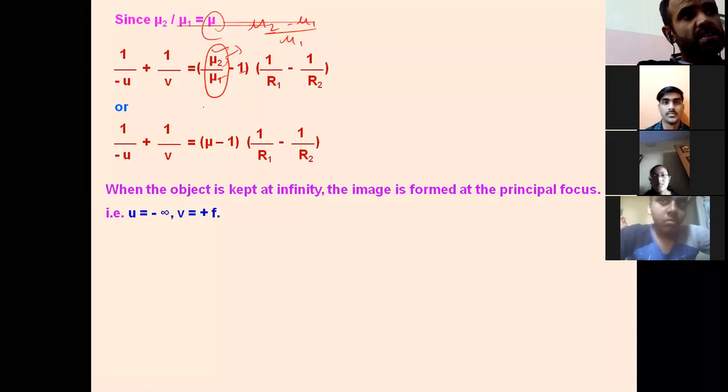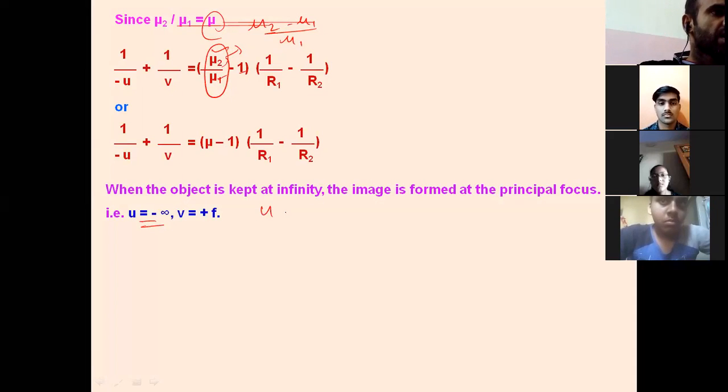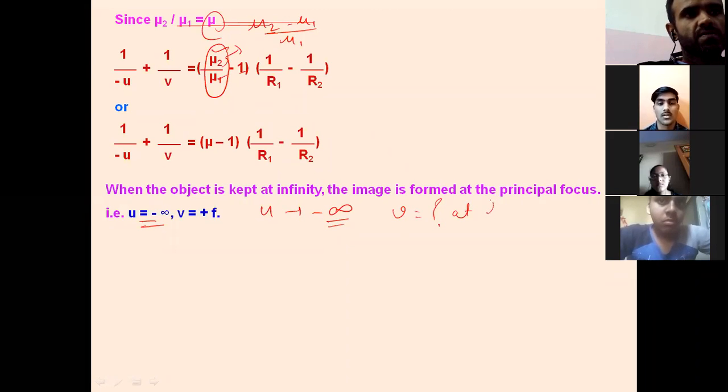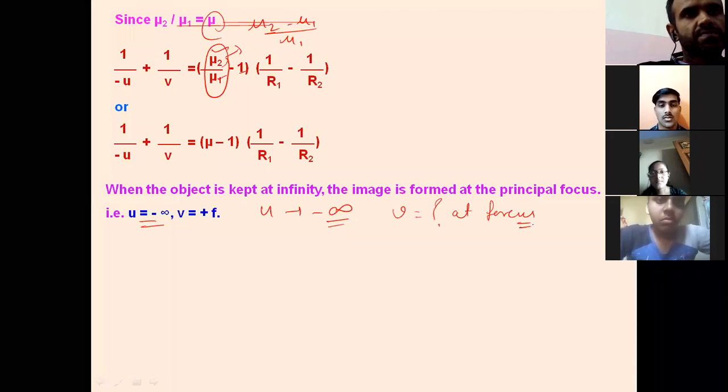Okay, now when the object is kept at infinity and image is formed at principal focus, तो अब हमने कंडीशन लगा दी कि U जो है वो माइनस इंफिनिटी है. इंफिनिटी माइनस प्लस से कोई फर्क नहीं पड़ता, ये हमने पढ़ा है. ऑब्जेक्ट इंफिनिटी पर होगा तो इमेज कहाँ बनेगी? एट फोकस, है ना? तो V का क्या हो जाएगा? प्लस F, क्योंकि राइट साइड पे बनेगी, है ना? हमने ये पढ़ा है ना बेटा.